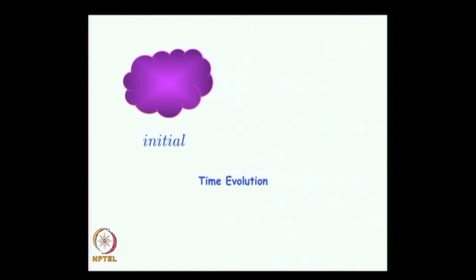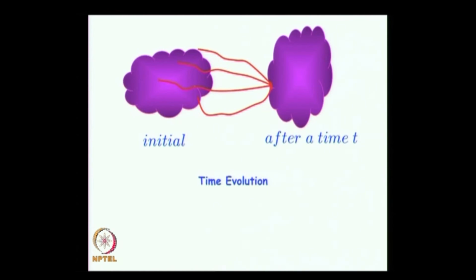So, suppose as time passes, what will happen? You see, your state function is going to change, and that change I have just indicated by drawing some lines. And what happens? You see, this is my state function at an initial time, this is after some time. So, you can see that the shape of this wave function has changed in general.